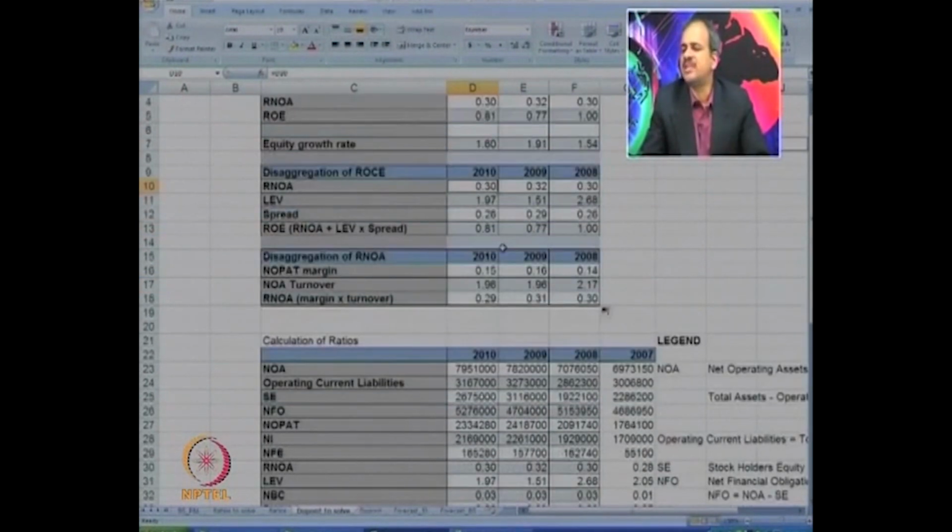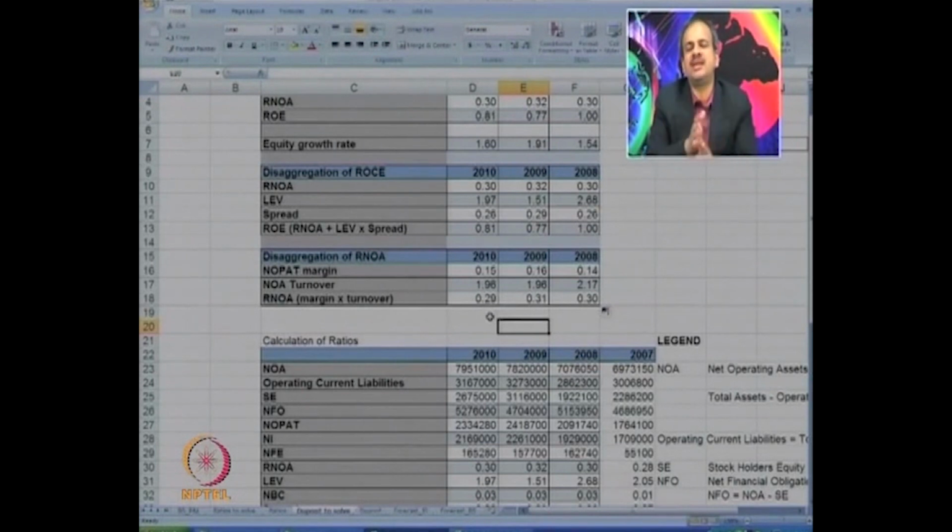It is around 30%. There will be some marginal difference because of the rounding of figures and because of the earlier data, where sometimes you have used average data. But you can see that roughly 30% is the return earned on net assets. How are we able to explain it?